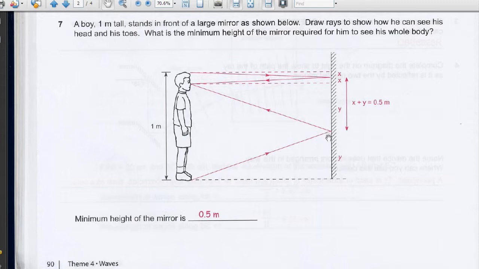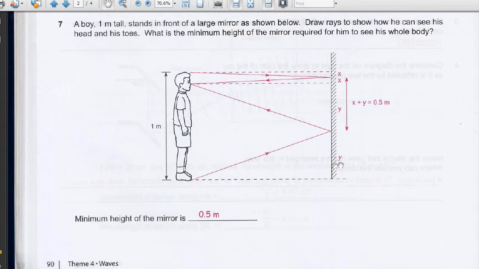First, you label the distance from the toe to the point where it hits the mirror as y. Just put any alphabet; it can be y, z, a or b. Over here, the solution, just put it as y. And between the reflected ray and the eye level is also y.